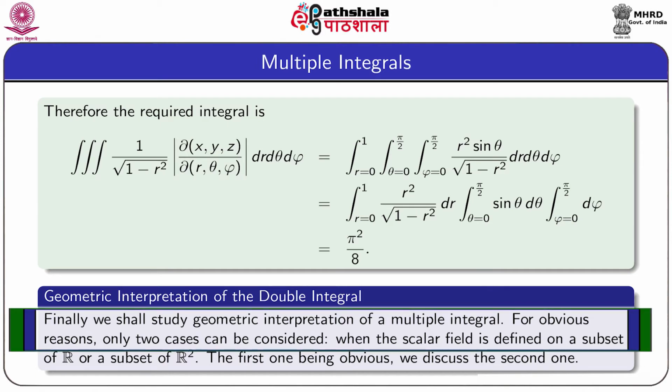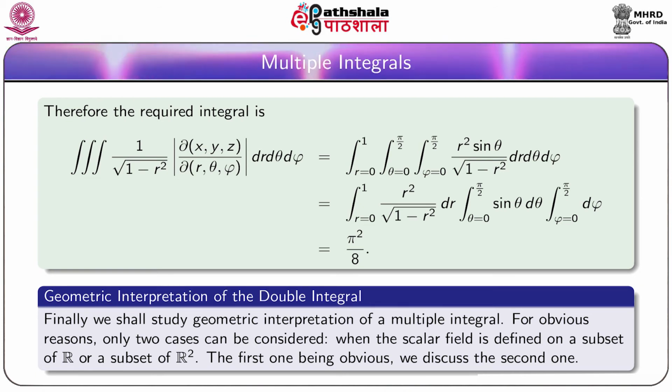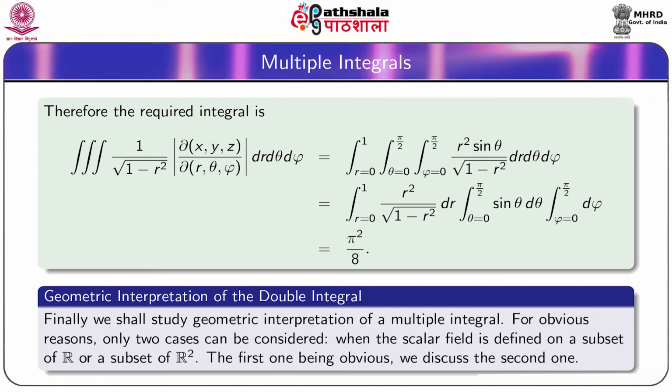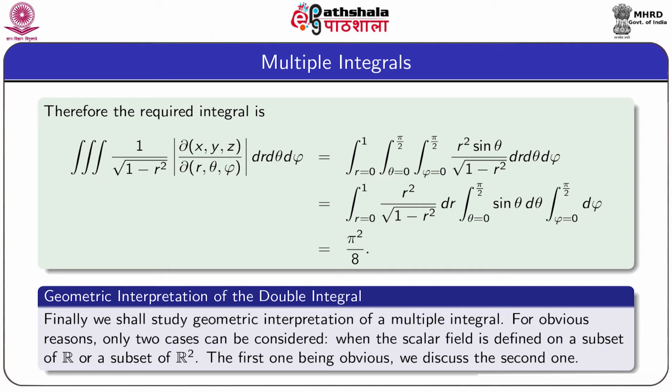Finally, we discuss the geometric interpretation of the double integral. Our intention is to study the geometric interpretation for a multiple integral. For obvious reasons, only two cases can be considered. First, when the scalar field is defined on a subset of R, that is a Riemann integration, and secondly, when the scalar field is defined on a subset of R2, that is a double integral.